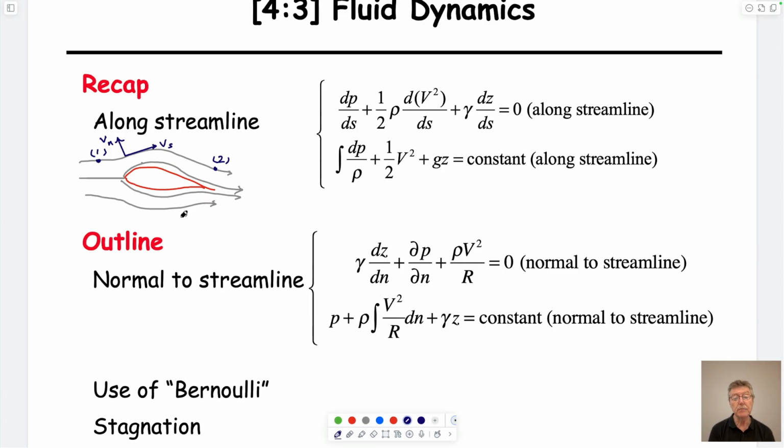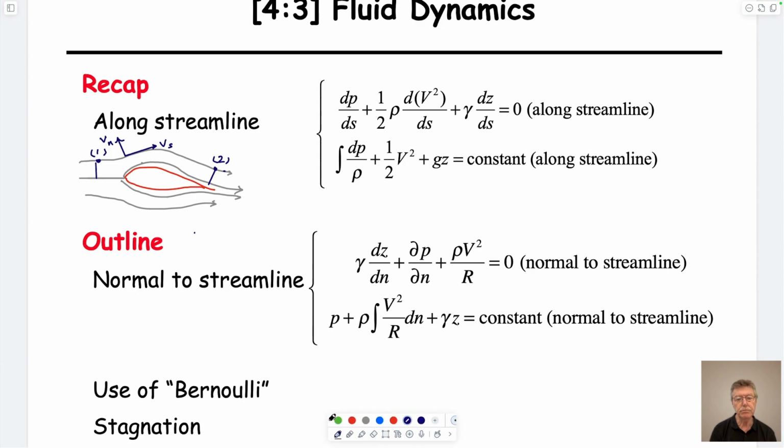And so these are streamlines, and I guess you can think of this also as being a stream tube. I'm going to erase that other one that I put in before.